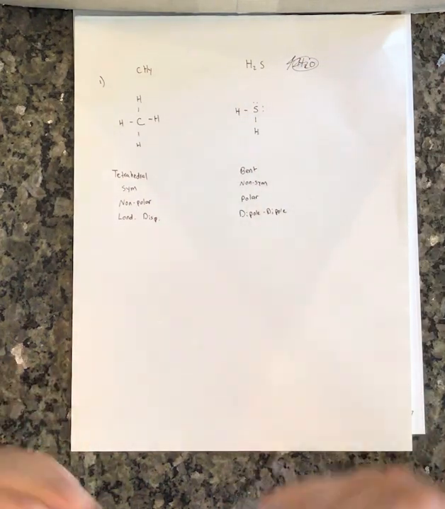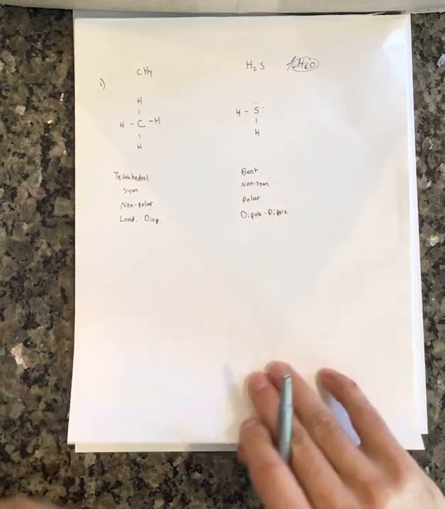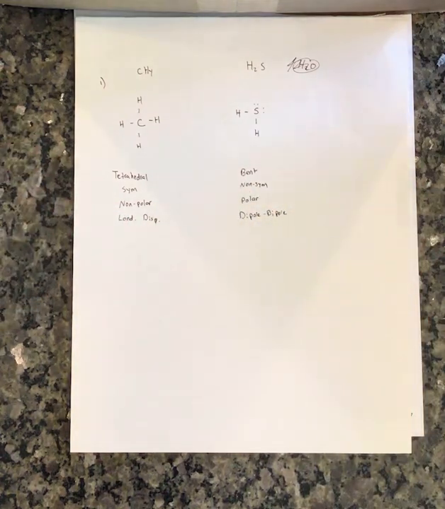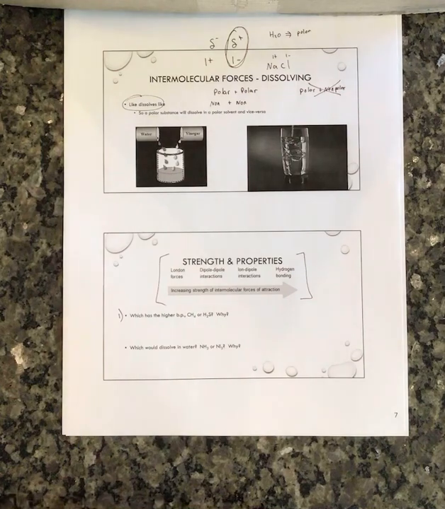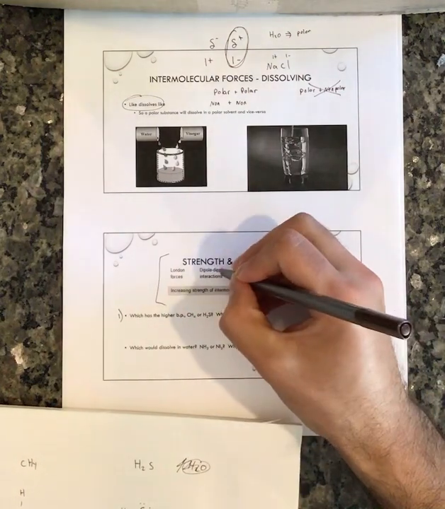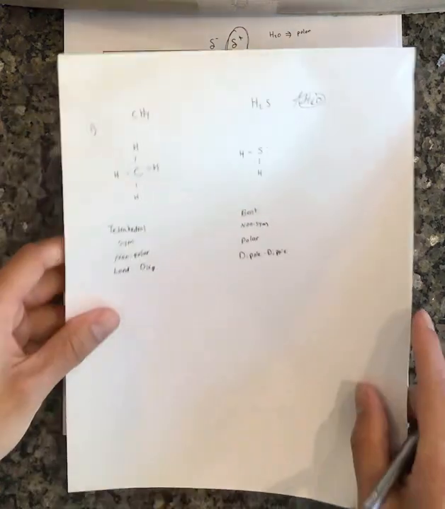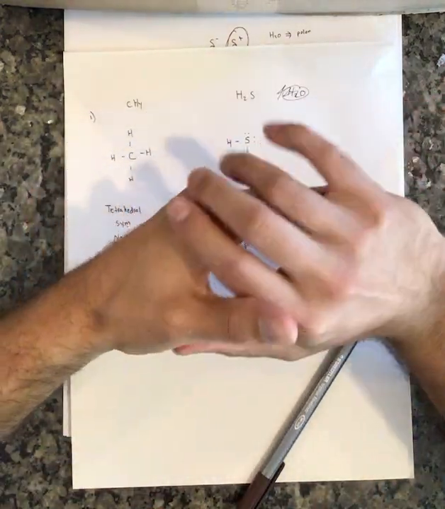So the question's asking which one would have a higher boiling point. Now, in order to do that, you need to figure out which one of these two bonds is stronger. So which one here is stronger? Well, dipole-dipole is stronger than London dispersion. So because the dipole-dipole bond is stronger, it means that it's more compact.